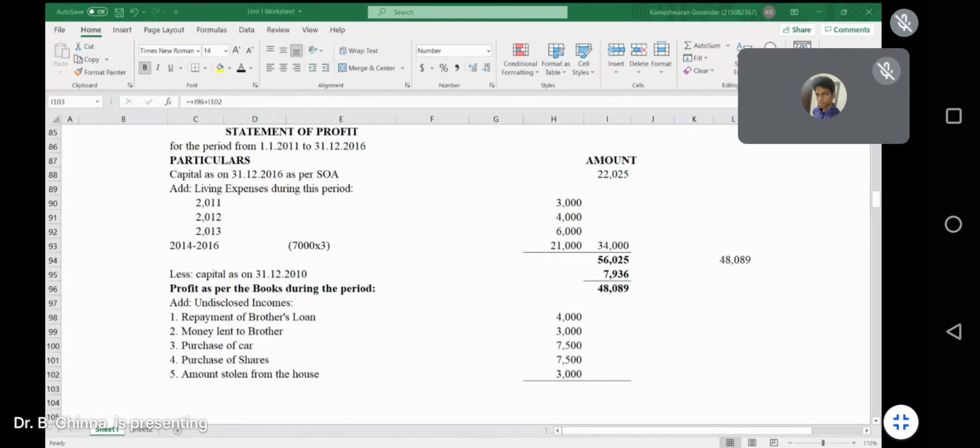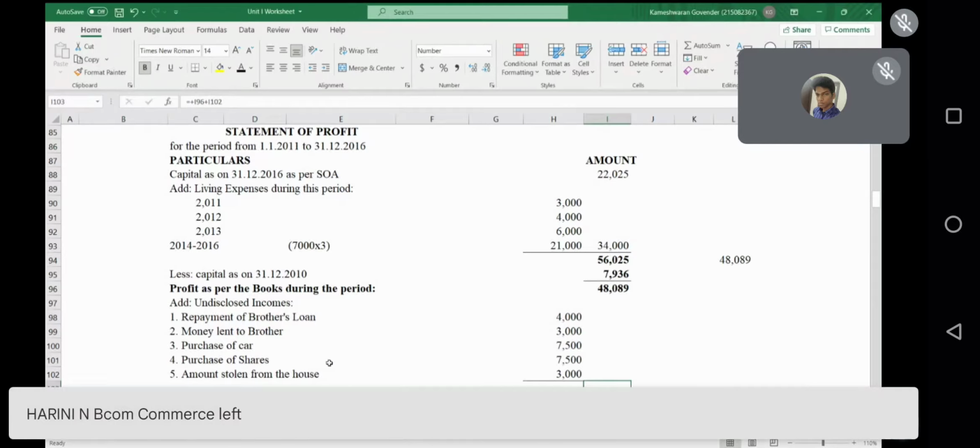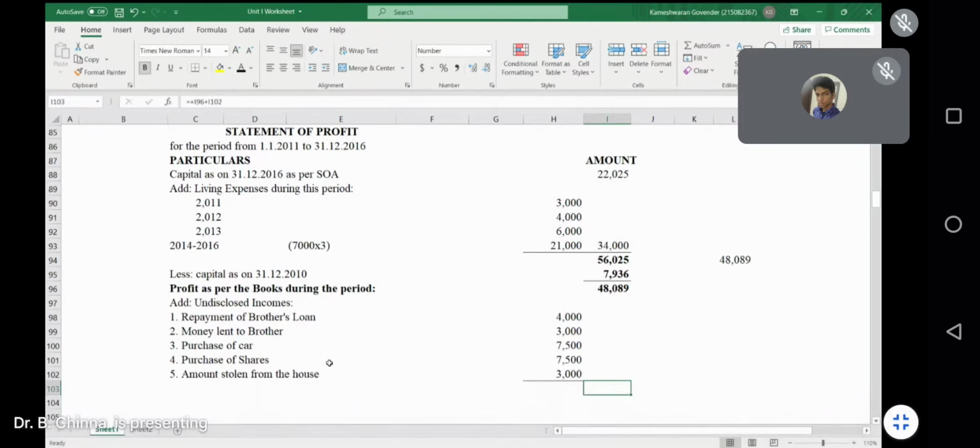The filing period is 2011 to 16, right? So I don't think the purchase of house will come. So what is the total now? What is the total undisclosed income? 25,000.